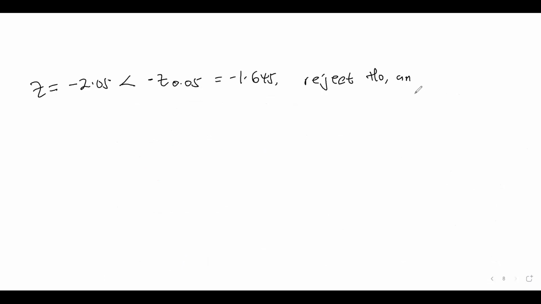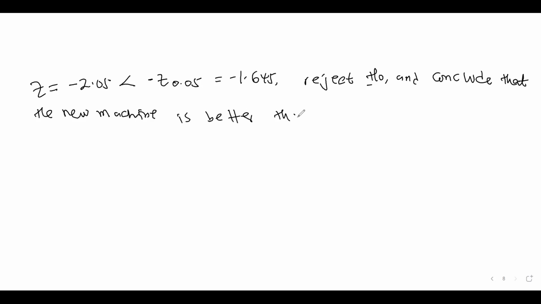So we conclude based on the alternative because we have rejected the null. So we reject the null hypothesis and conclude that the new machine is better than the old one.